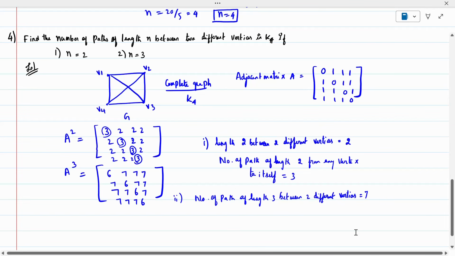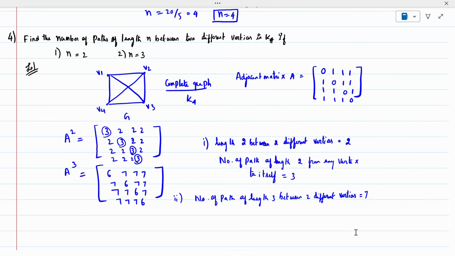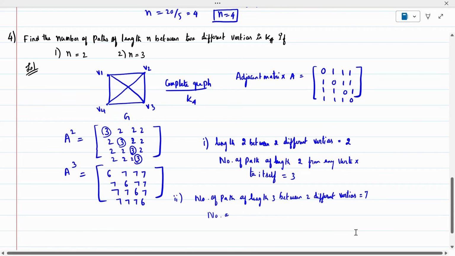Correct? 7. And the number of paths of length 3 from any vertex to itself is nothing but 6. Same thing. So completed. Thank you.